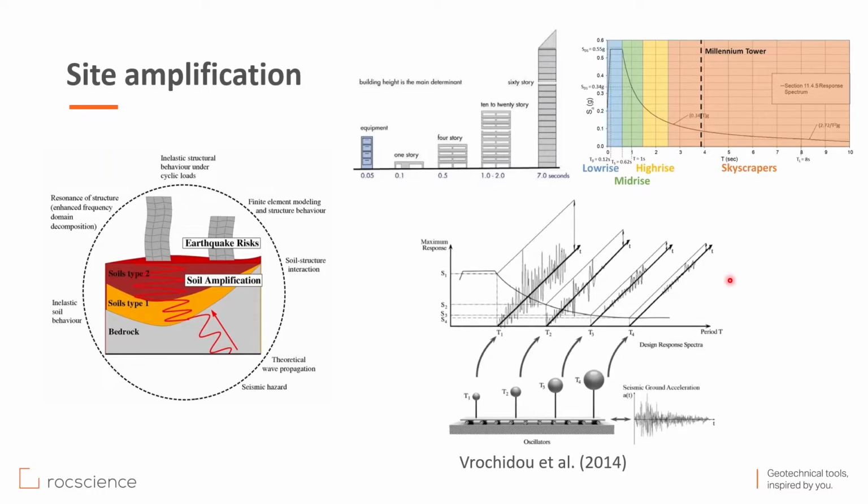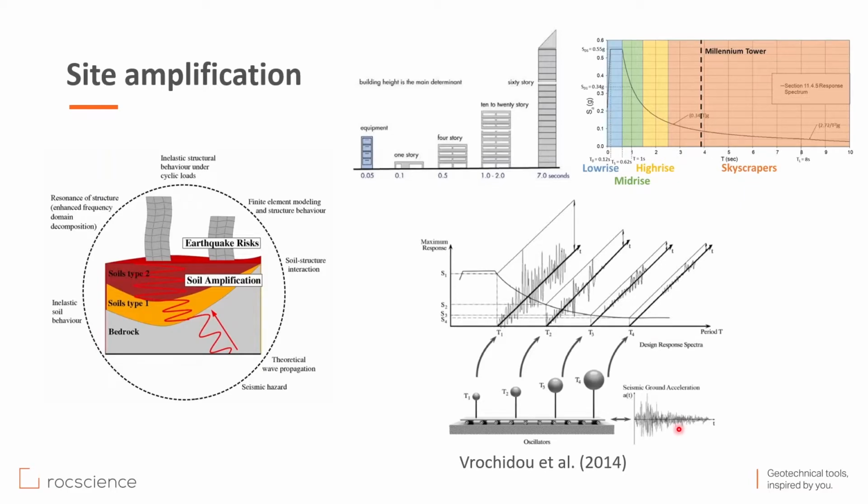The advantages of equivalent linear modeling include small computational effort and few input parameters. The most commonly used equivalent linear computer codes are, for example, SHAKE, DEEPSOIL, and ProShake. We are using generally DEEPSOIL. And of course, here you can see a figure on the concept of earthquake response spectra.